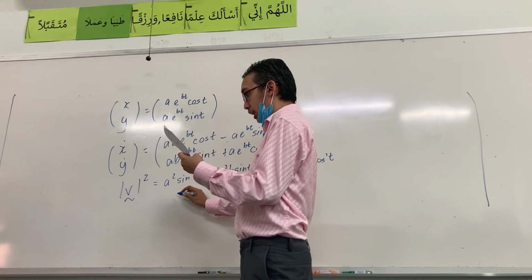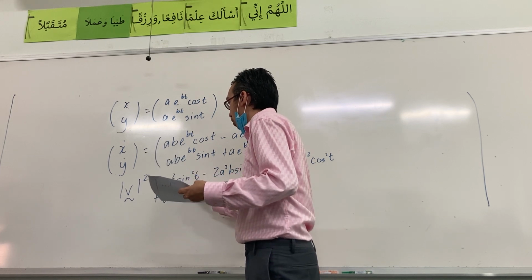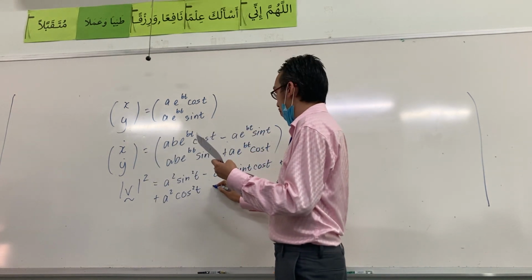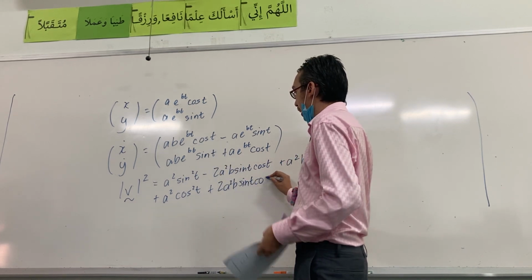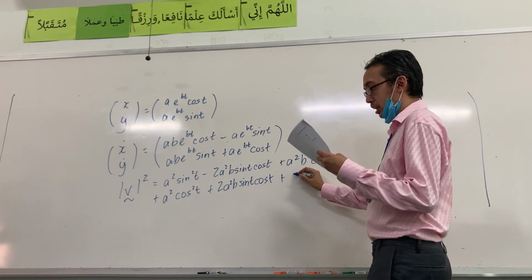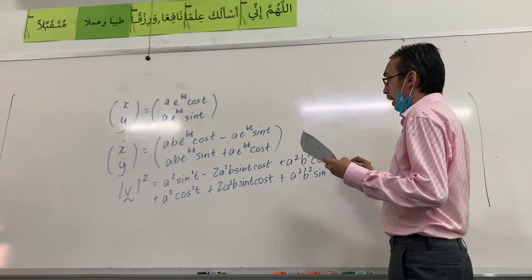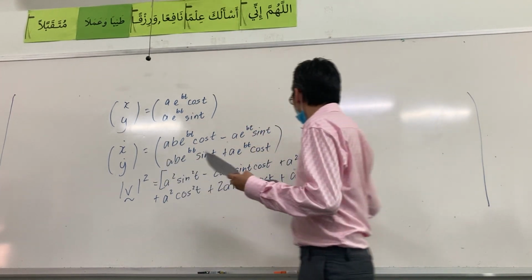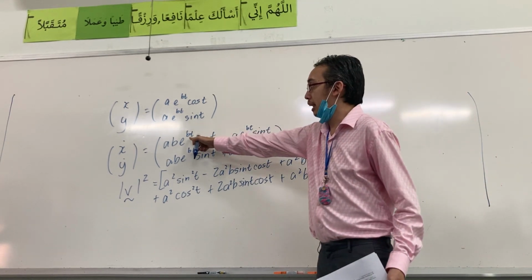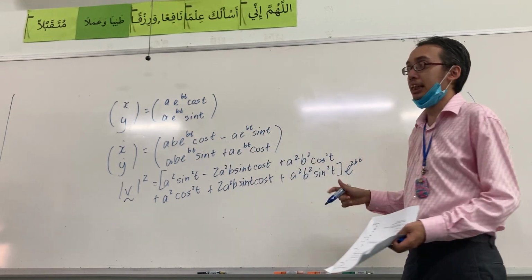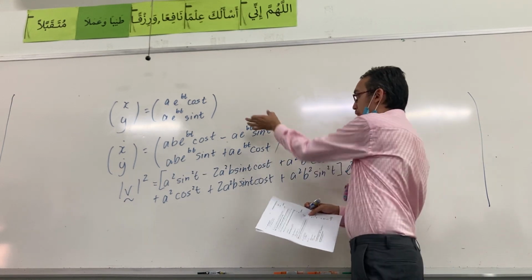Then I'll continue here and plus, I deliberately put cos² t here, and then plus 2a² b sin t cos t plus a² b² sin² t. The whole thing has this e^(2bt), because it has bt, so when you square it becomes e^(2bt). This one may need some time for you to rearrange. You don't get it straight away.